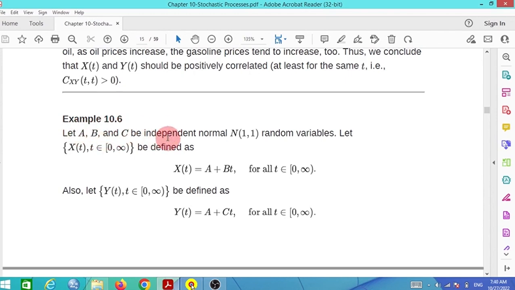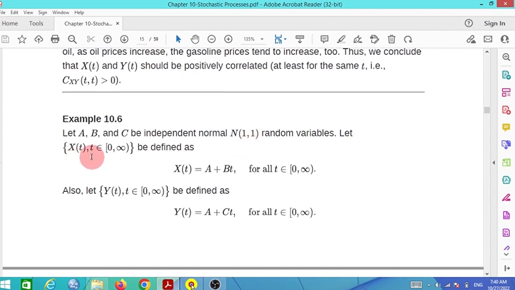These three random variables are independent. For the meaning of independent, go back to the previous chapter 3 or 4 and study the subject of independence. And the distribution is normal with mean 1 and variance 1.